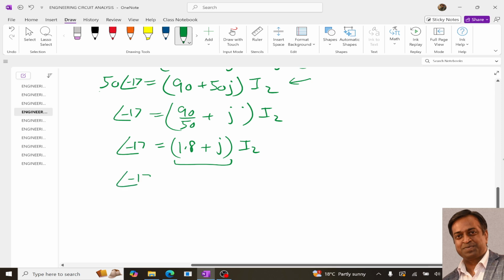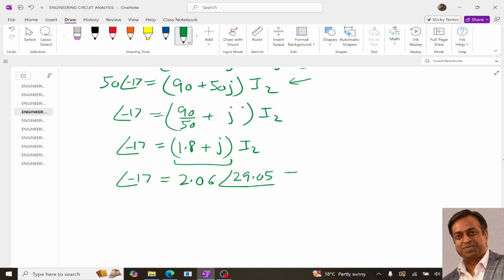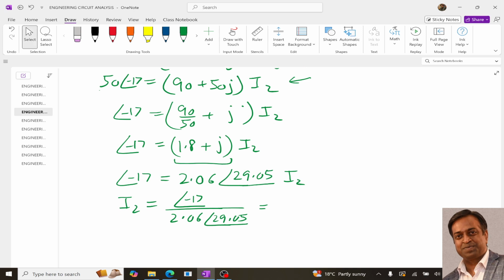So it will be minus 17 equals to 2.06 angle 29.05 I2. So our I2, it will be this angle minus 17 divided by 2.06 angle 29.05.